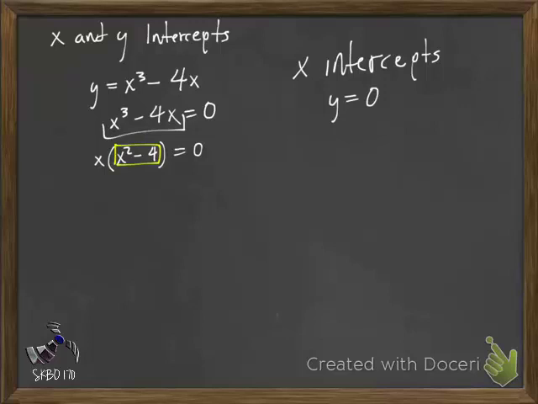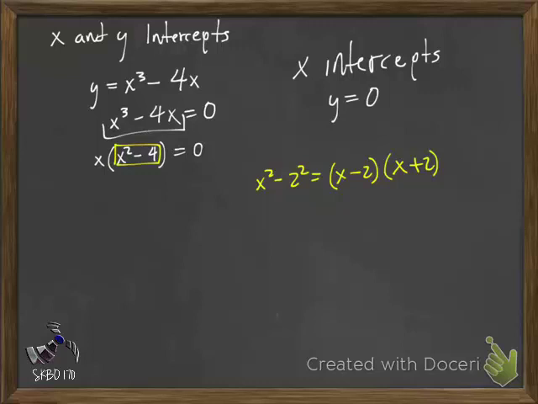A difference of squares is something like this: whenever you have the minus between two squared numbers, or in this particular case with an x, you can expand this as (x minus 2) times (x plus 2).